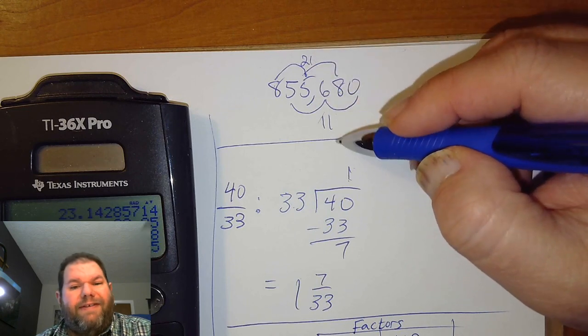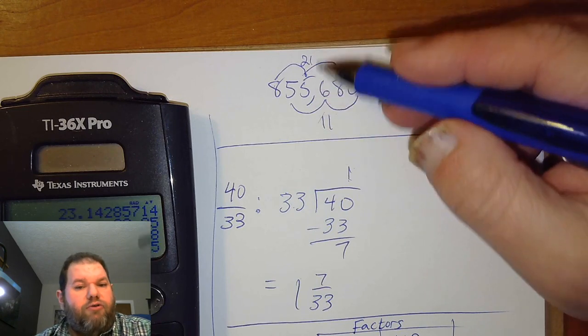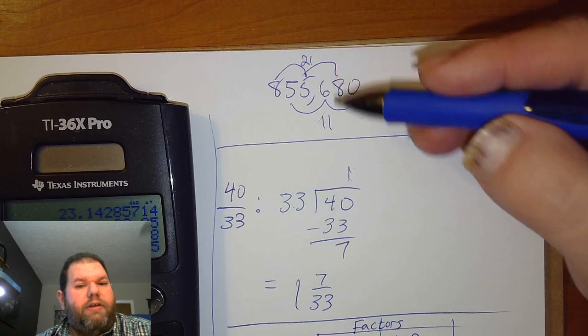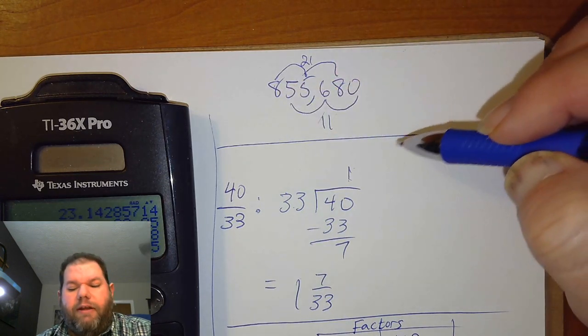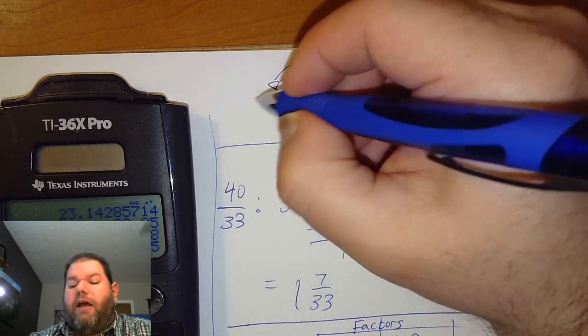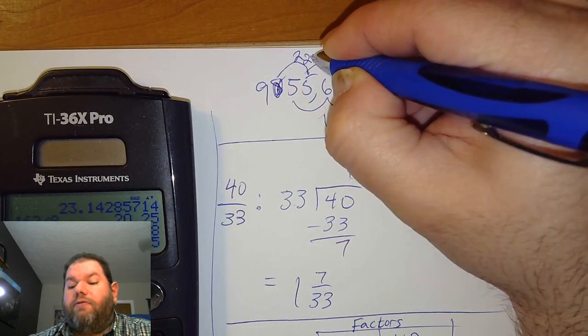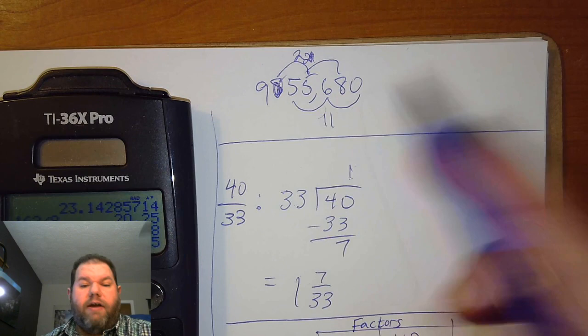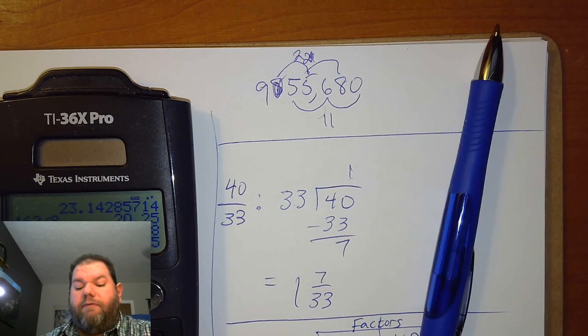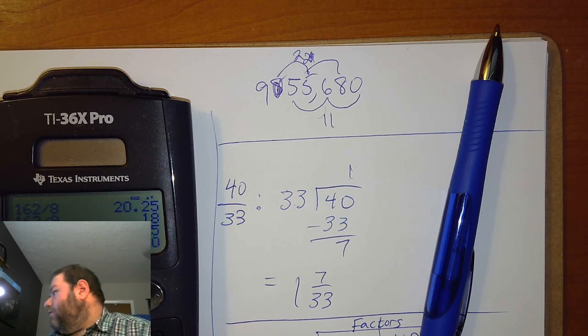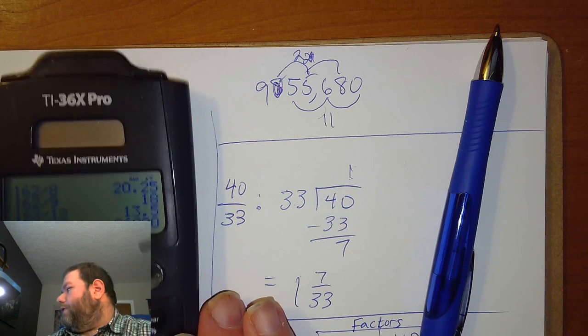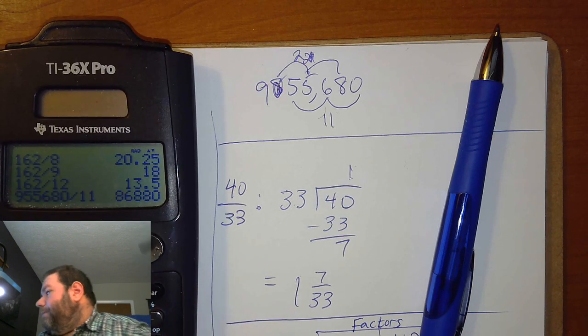If the difference is 0 or 11 or a multiple of 11, then the whole number is a multiple of 11. Now, I would actually need to change that to a 9 to get that to be a 22. So 955,680 should be a multiple of 11, which it is.